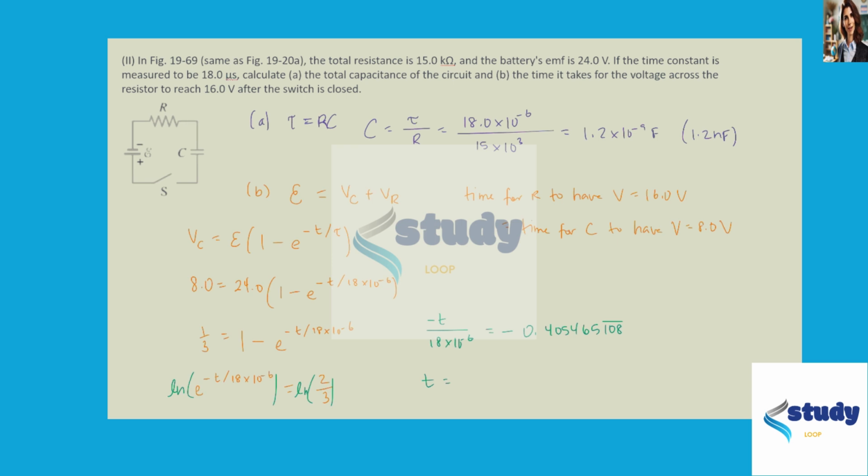So now if I multiply that decimal on the right side by negative 18 times 10 to the minus 6, I am going to get 7.3 times 10 to the minus 6 seconds.